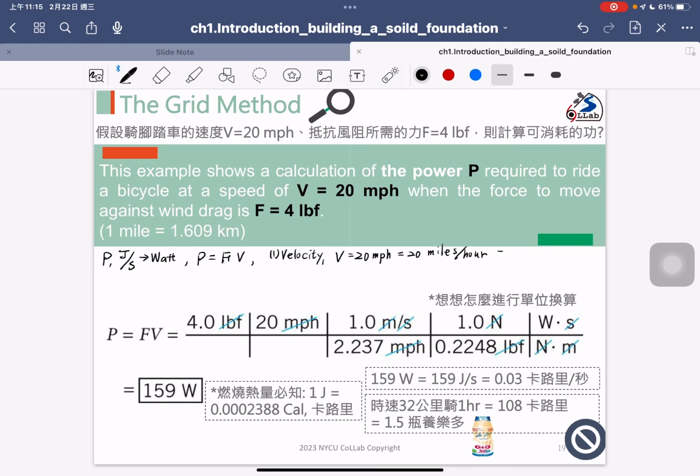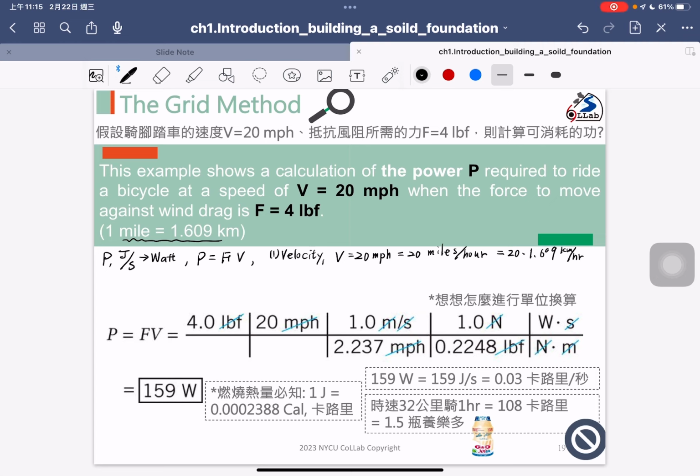I highlight some conversions here. I know 1 mile is equal to 1.609 kilometers. So here I first multiply by 1.609 kilometers per hour, right?